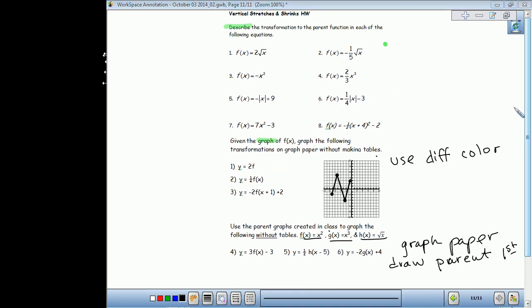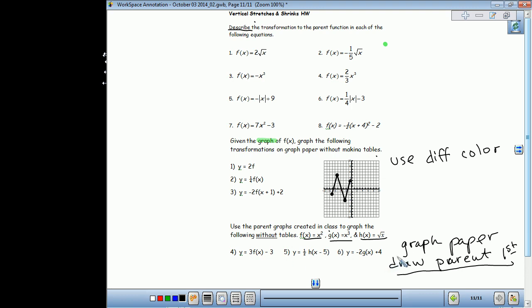On your homework, does anybody see the word graph? No. Tell in words what that means. That's all you have to do on that. This one you graph. Please use a different color. These you graph. Draw the parent graph first, and then do the shift.